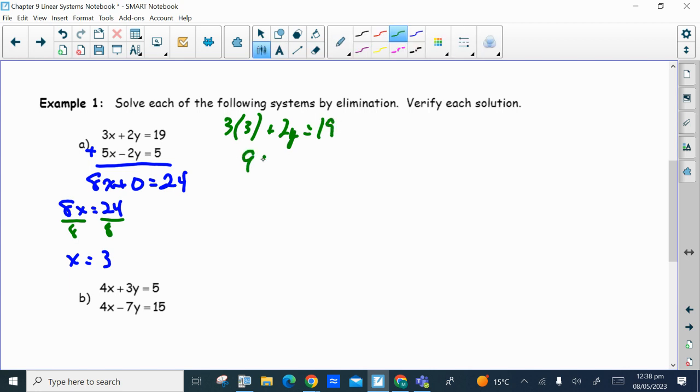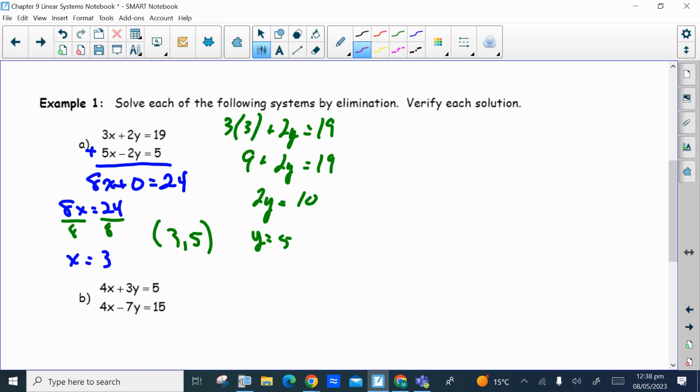So you're going to get 9 plus 2y equals 19. When you subtract the 9 from both sides, you'll get 2y equals 10. And then when you divide by 2, y will equal 5. So we are saying then that our point of intersection is the point (3, 5). We found x to be 3, plugged that in, and found y to be 5.